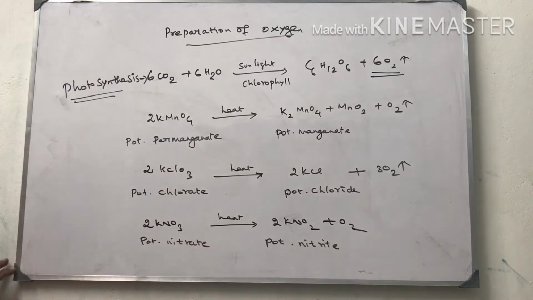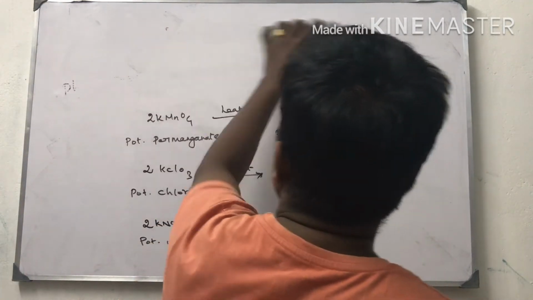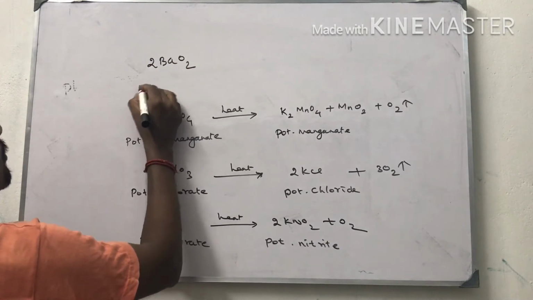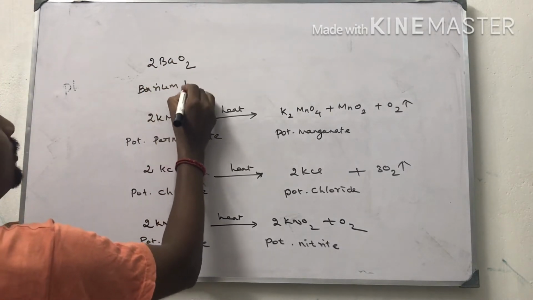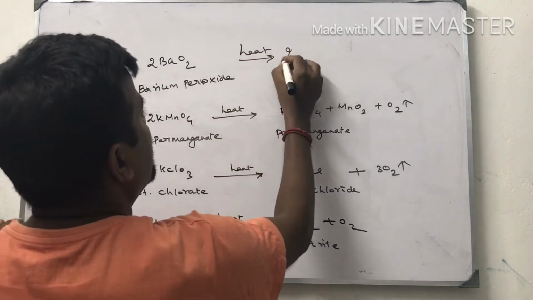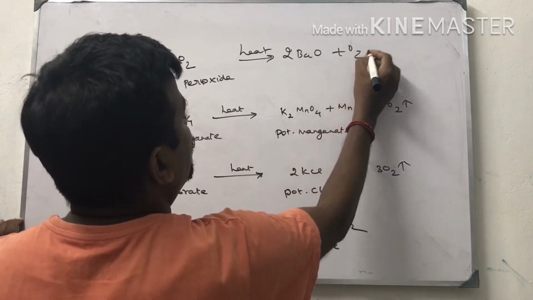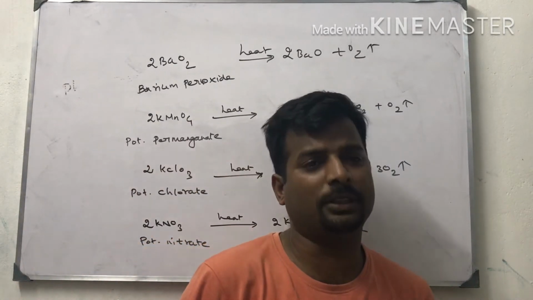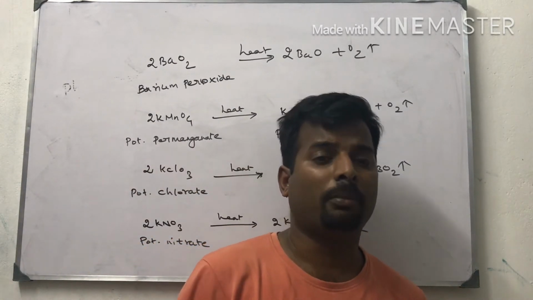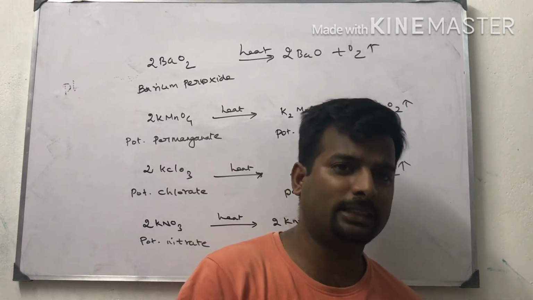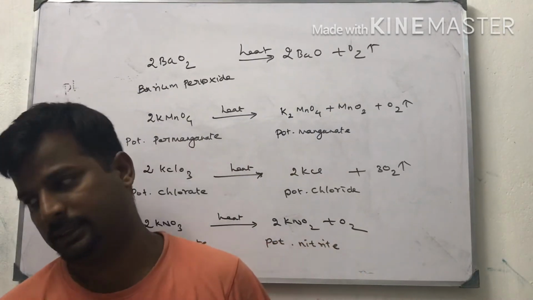One more is barium peroxide, 2BaO2, giving 2BaO plus O2. So these are the thermal decomposition of oxygen-rich species. Just some examples are given. Many reactions are possible for the preparation of oxygen. Even plants release oxygen during photosynthesis.